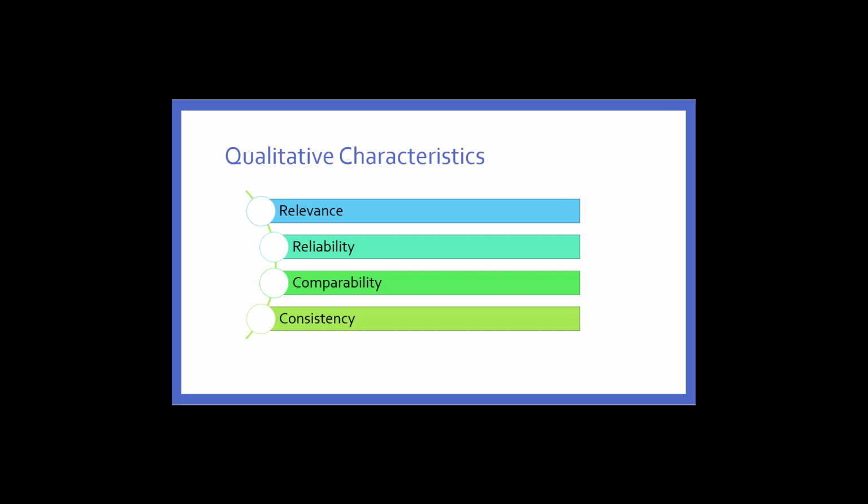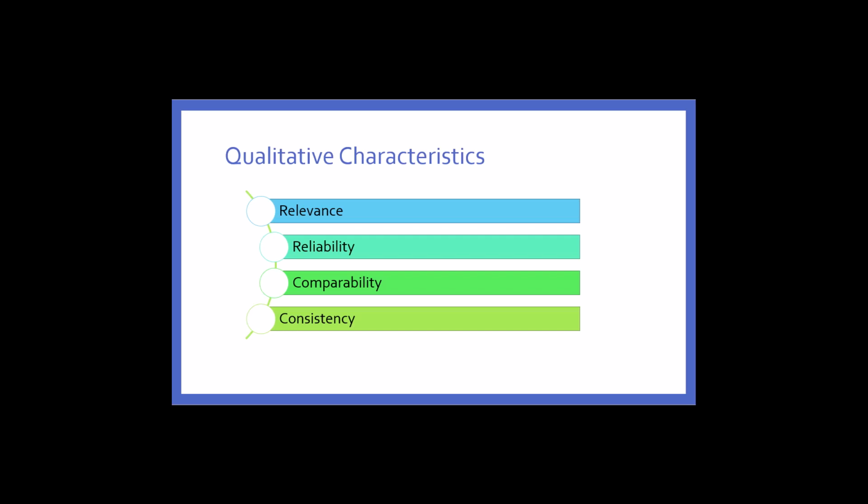This is why we follow generally accepted accounting principles, because if every company is following different rules, then investors aren't really going to be able to look at the financial statements of two companies and compare them to make a decision. So we want to make sure that we're all following the same rules, so that if we want to compare Walmart's financial statements to Target's financial statements, we can do that, and they're comparable.